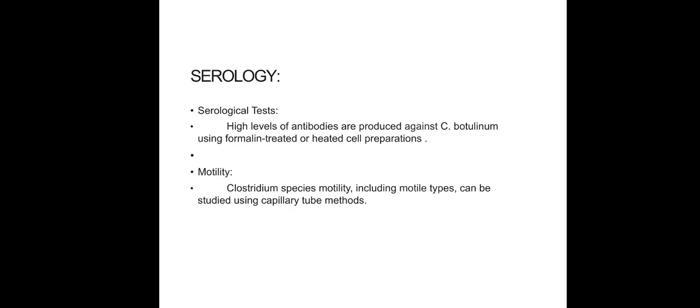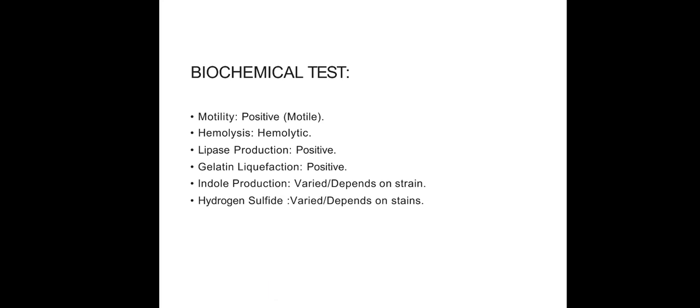Serological test: high levels of antibodies are produced against Clostridium botulinum using formalin-treated or heated cell preparations. Motility: Clostridium species include motile types that can be studied using capillary tube methods.